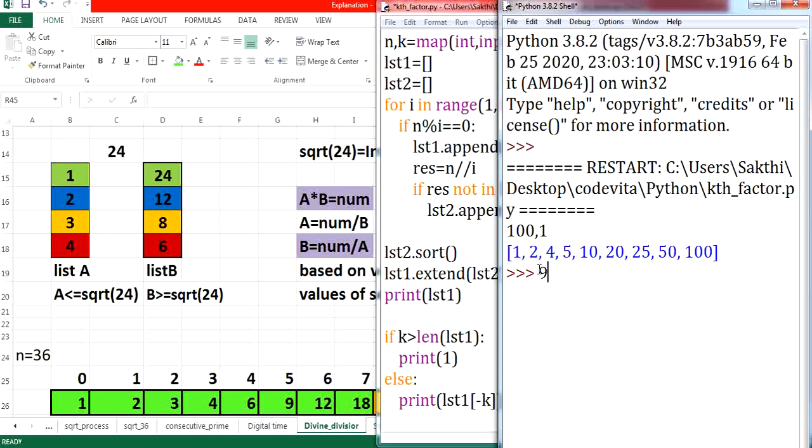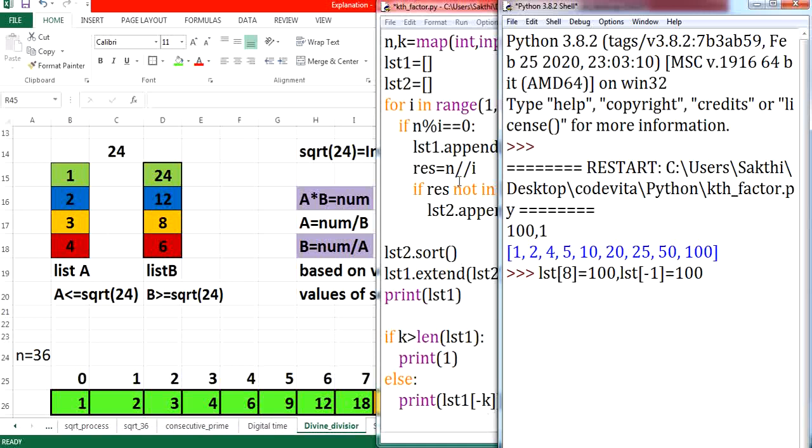So if you want to access this 100, either I can give list of 8. So list of 8 means 0, 1, 2, 3, 4, 5, 6, 7, 8. 8 represents your 100 value, right? Or this particular 100 can be accessed as minus 1. Is that clear? So list of minus 1 gives you 100. The same list can be accessed either by using a positive value or by using a negative value. Here I am going to make use of negative indexing.